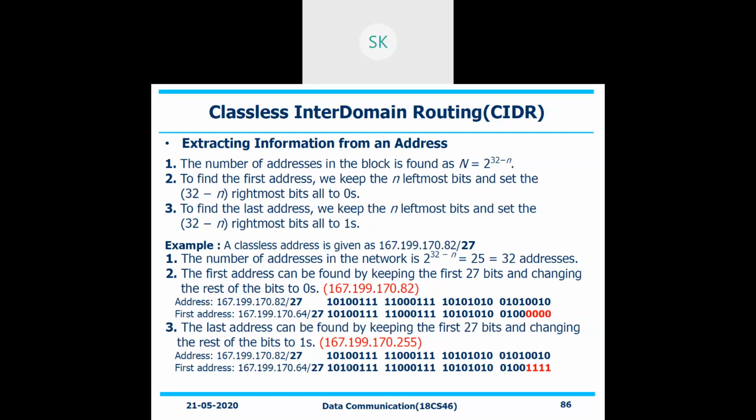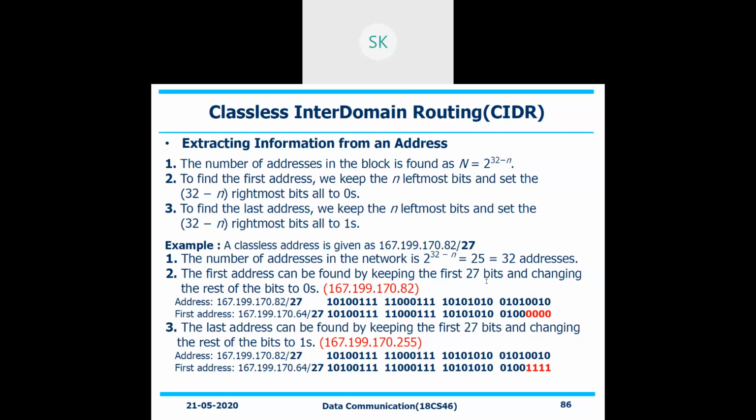So this is how classless interdomain routing will be helpful, overcoming all the unwanted usage. Because in our previous classful addressing, what we were facing is that the entire addressing part was reserved for that particular usage only. You cannot use it for any other purposes. That was a drawback.